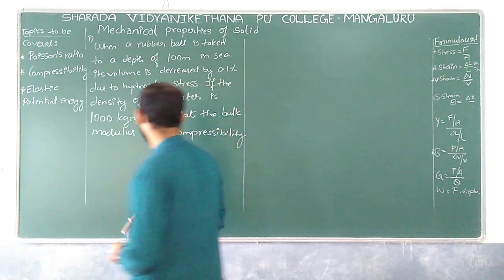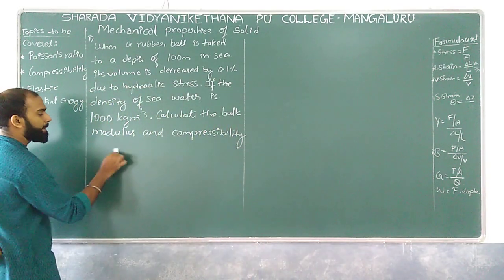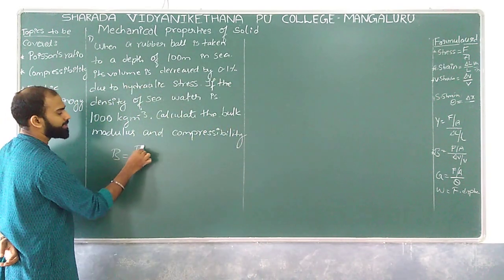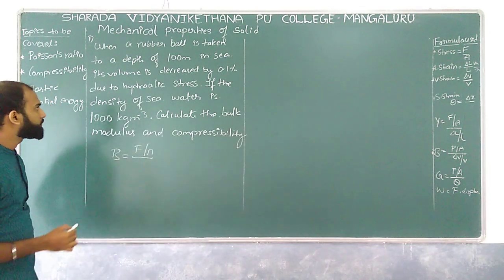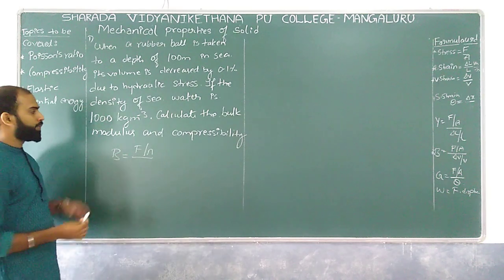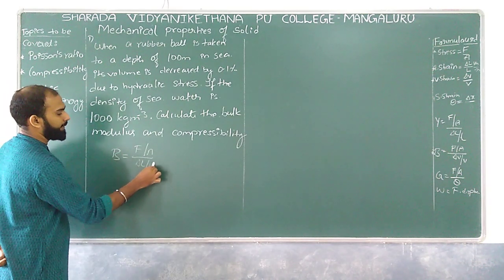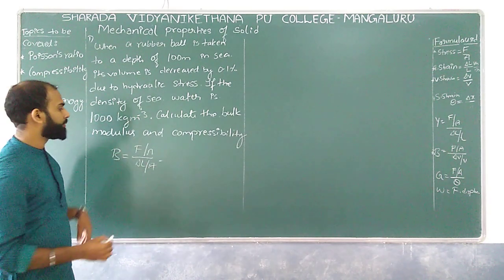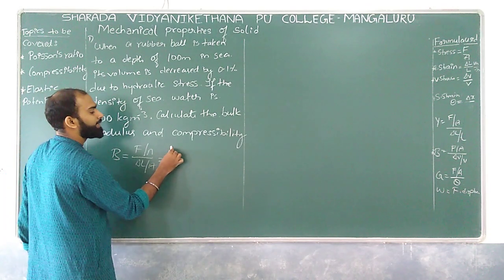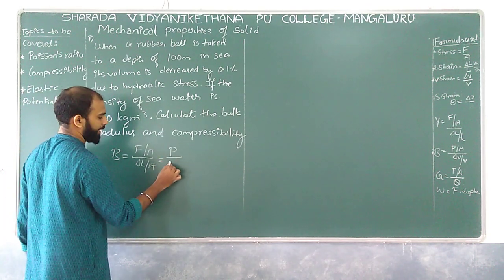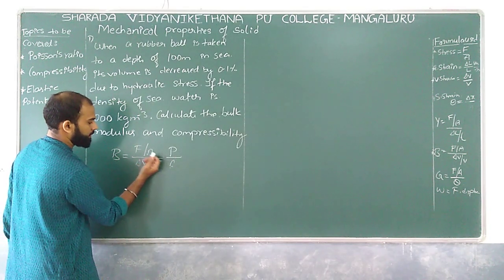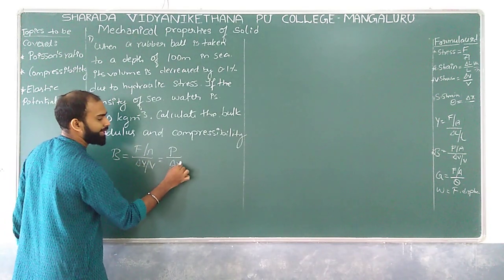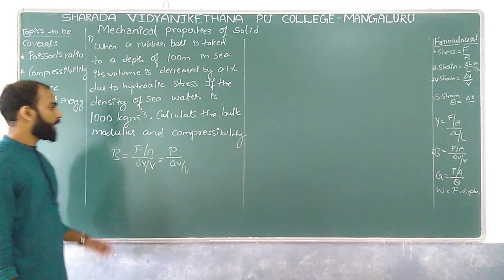So what is the bulk modulus we have over here? The formula: bulk modulus is equal to F by A divided by delta L divided by L. Since pressure comes into the picture, this can be written as pressure divided by delta V divided by V. Correct?